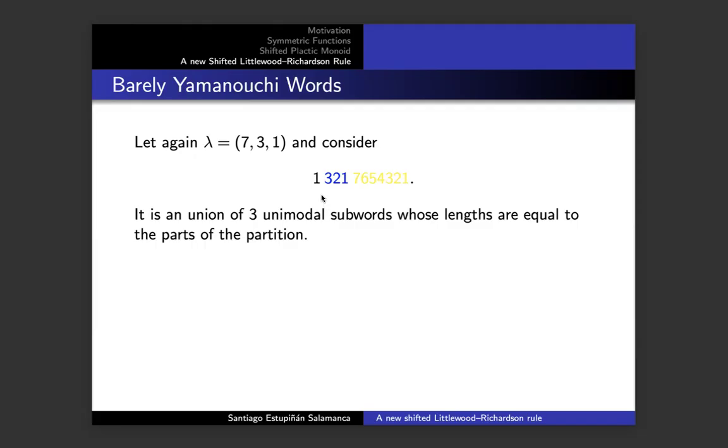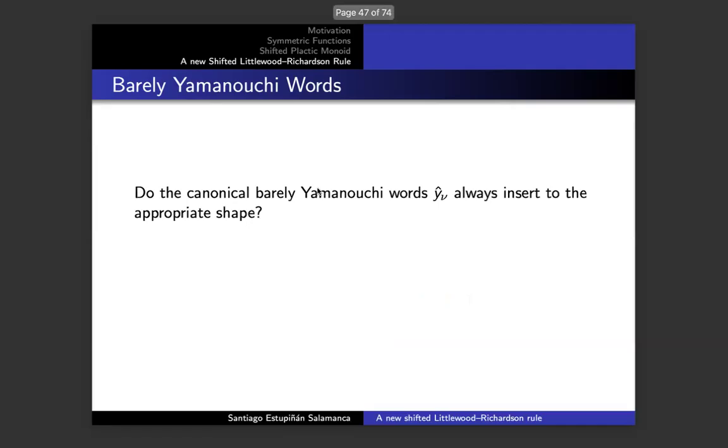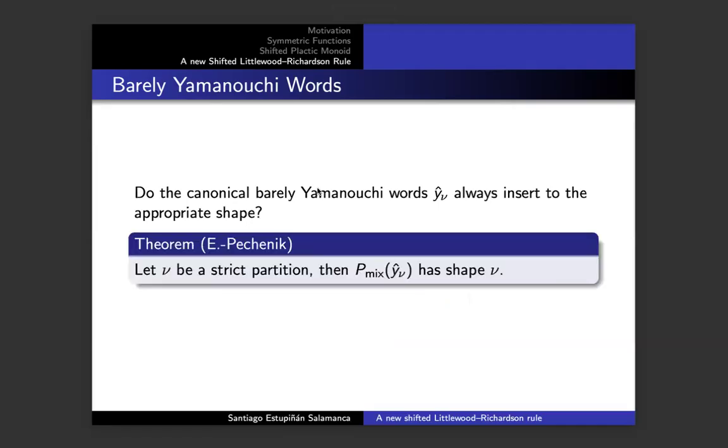And so I consider this concatenation of weakly decreasing sequences whose sizes are determined by the partition, in this case, the partition lambda. I call this a Berele-Yamanouchi word associated to lambda, and it inserts to the right shape. And so for any strict partition nu, if I take the Berele-Yamanouchi word, which I denote by y hat sub nu, then it has shape nu.